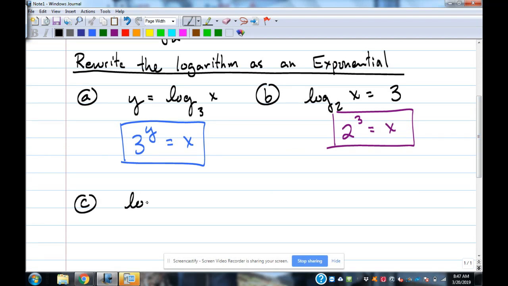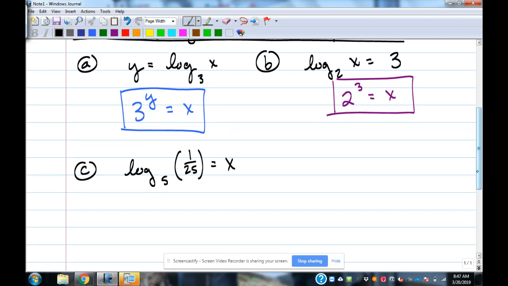C: log base 5 of 1 over 25 is equal to x. Again, rewriting that as an exponential. What's the base? 5. The exponent x is equal to 1 over 25. And that looks like an equation that we just got through solving.